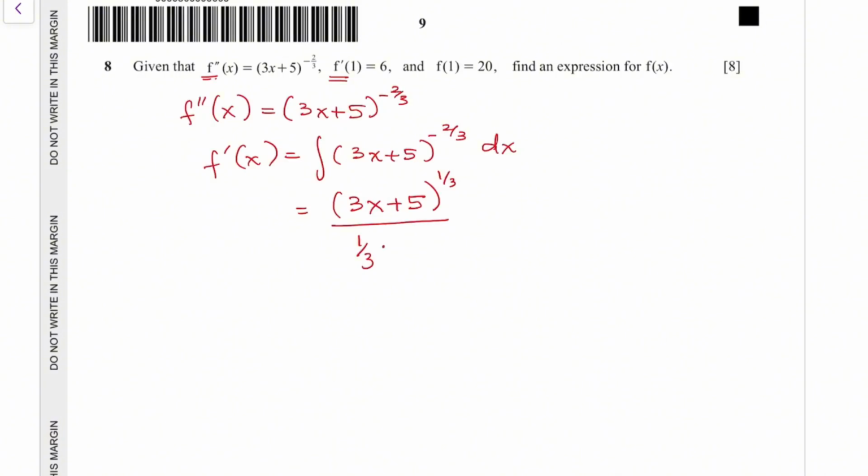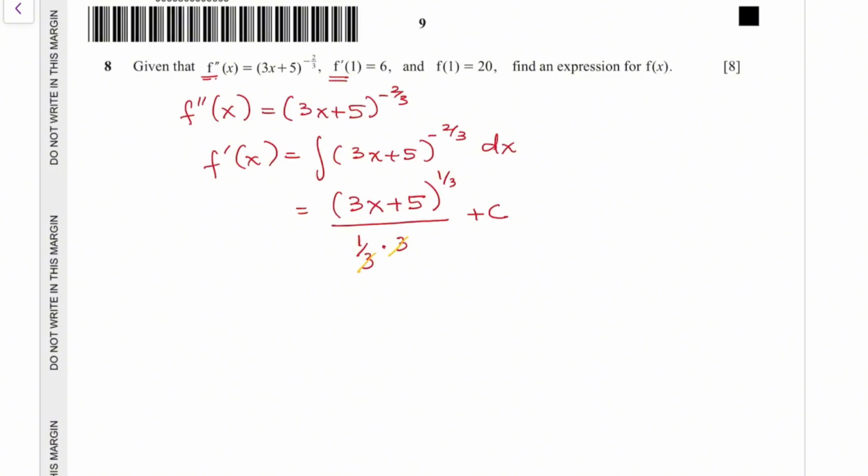You are also going to divide with whatever the derivative from your bracket. So 3x + 5, you differentiate that, you'll get 3. Okay, 1 over 3 times 3, that's just as simple as 1. And don't forget your c. Okay, you got here your first derivative.